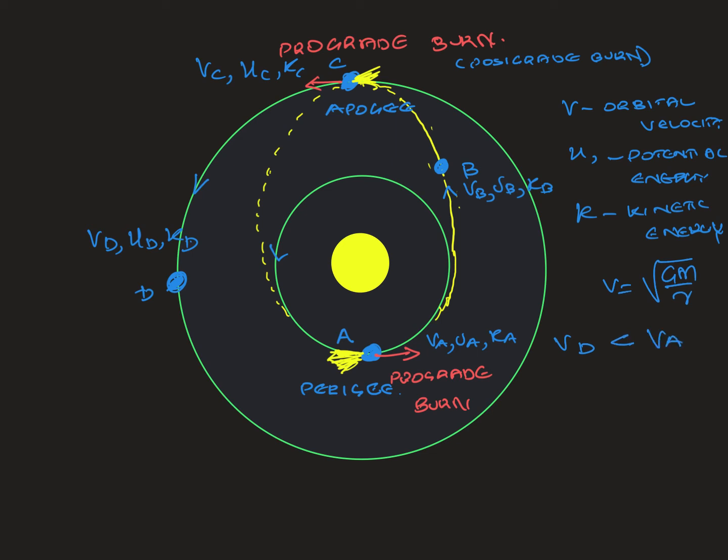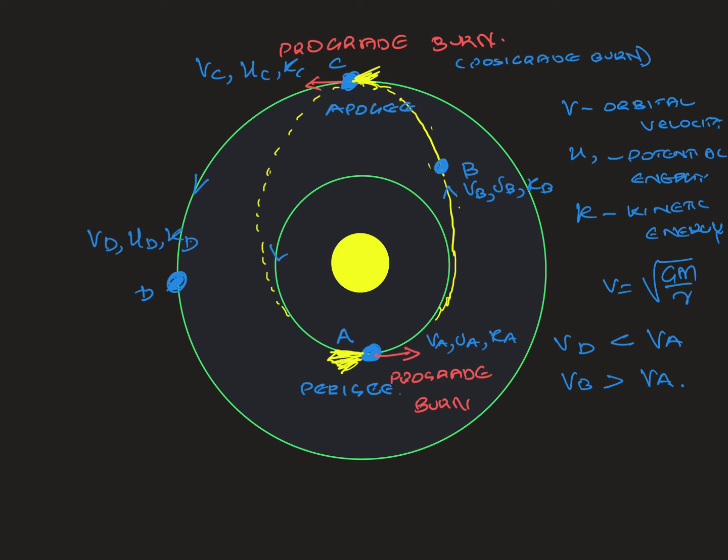So we have a point here, A, and we have point D here. So VD is less than VA. And VB, we are giving a prograde burn that's increasing the velocity of the satellite. So VB is greater than VA because of the prograde burn that we give the satellite.